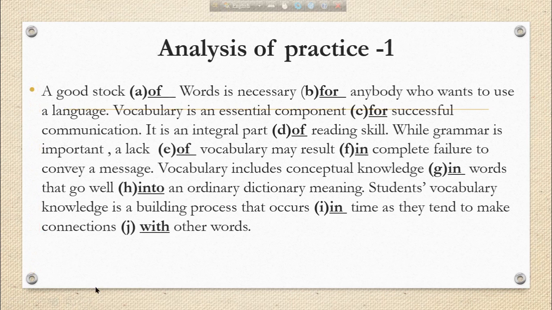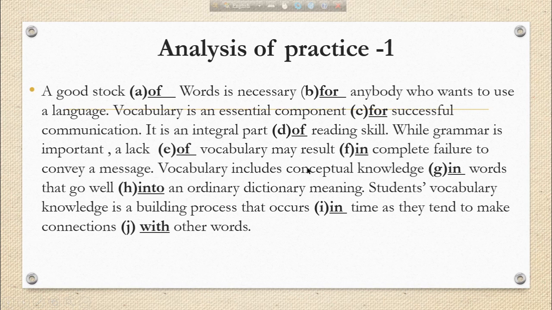A good stock of words is necessary for anybody who wants to use a language. Vocabulary is an essential component for successful communication. It is an integral part of reading skill. While grammar is important, a lack of vocabulary may result in complete failure to convey a message.